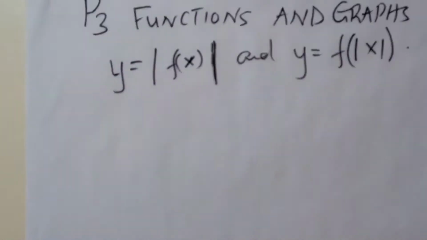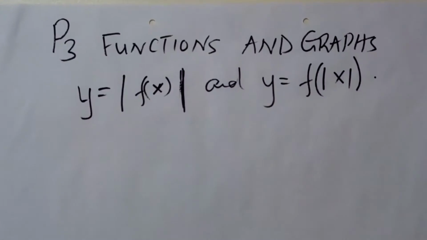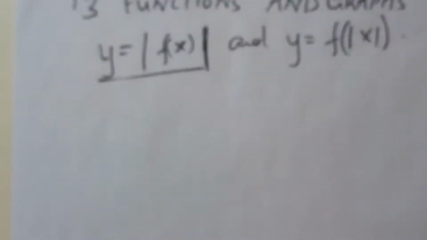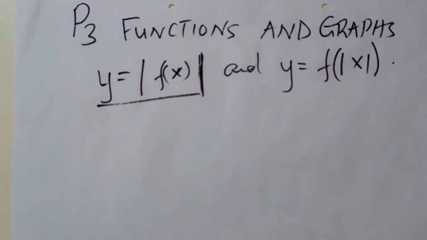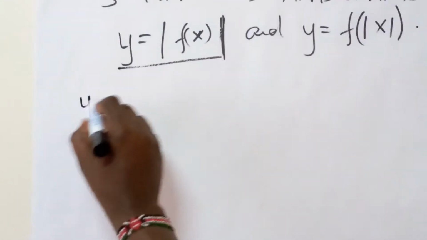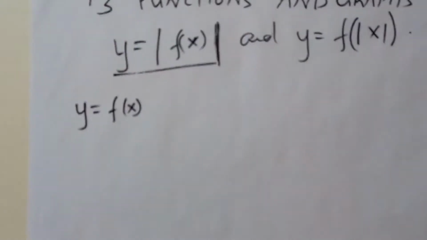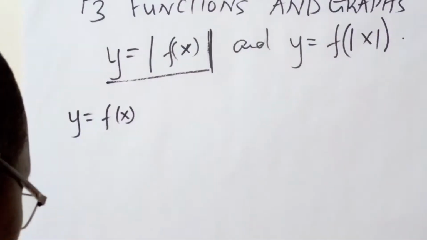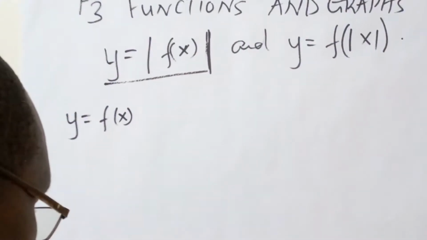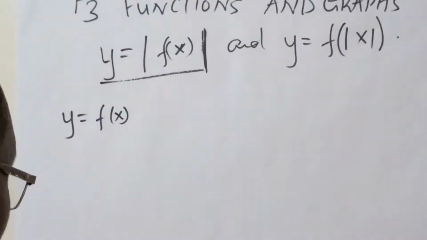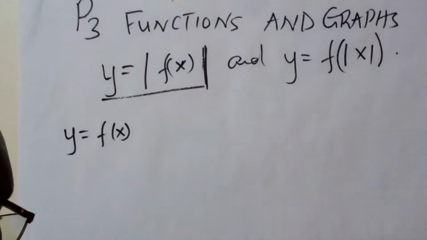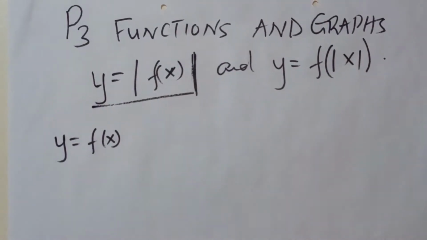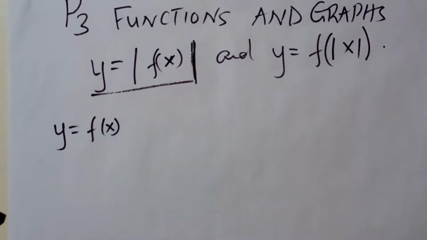You have met the first part before, and you are told that to sketch this graph, you need to first of all sketch the graph of y equals the function of x, and then you reflect any part where the function of x is less than 0 along the x-axis, and after you have done that, you delete the parts below the x-axis.